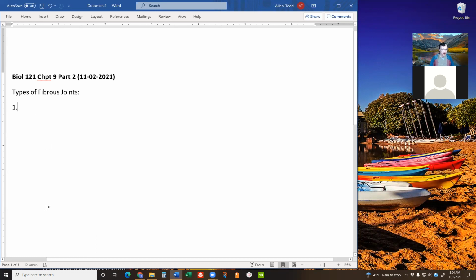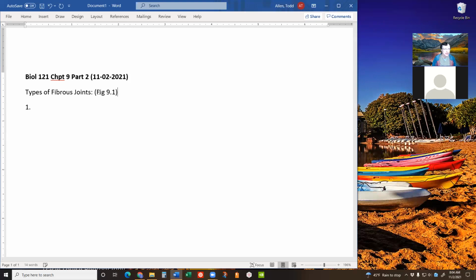Number 1, types of fibrous joints. Let's take a look at figure 9.1 in your textbook. We're going to list these things out for you in your notes. The first type of fibrous joint, the one that you are probably super familiar with, is a suture.